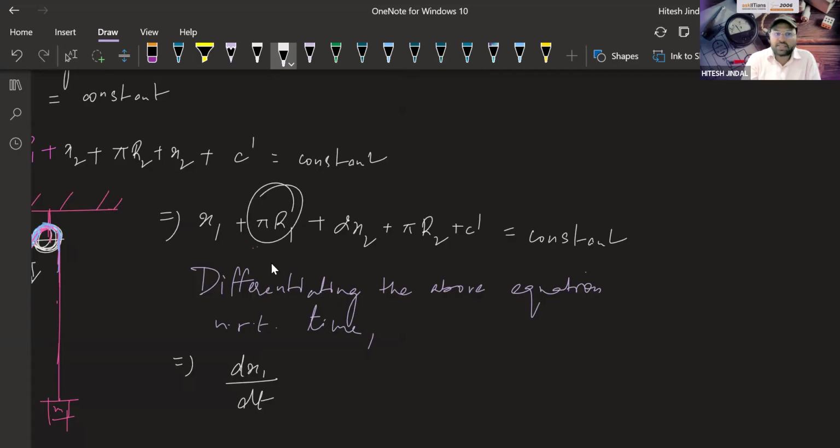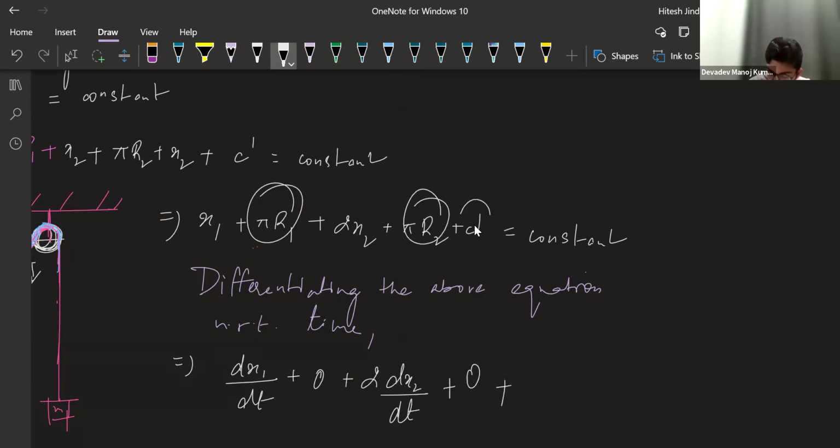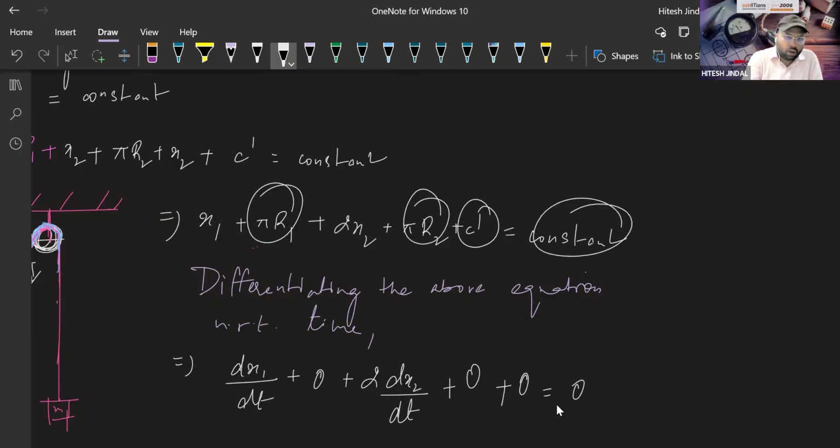What is the differentiation of this? Zero, right? It is a constant. Plus 2 dx2 by dt plus, what is the differentiation of this? Again, zero. What is the differentiation of this? Zero. Constant, zero.